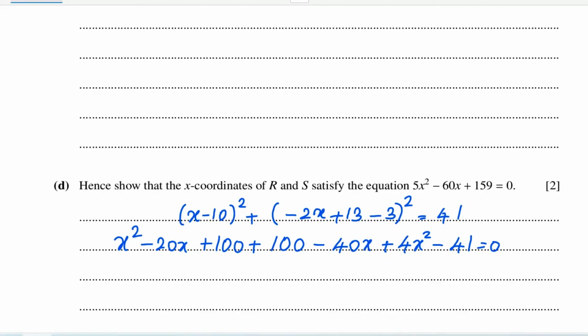So x square plus 4x square gives 5x square, minus 20x minus 40x gives minus 60x, 100 plus 100 minus 41 is plus 159, which is equal to 0. So the x coordinates of R and S satisfy the equation 5x square minus 60x plus 159.